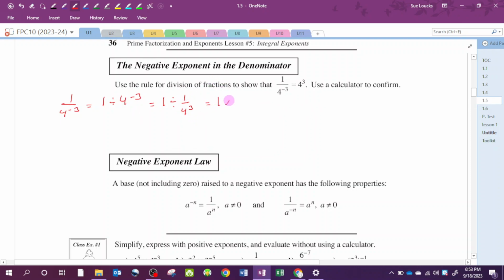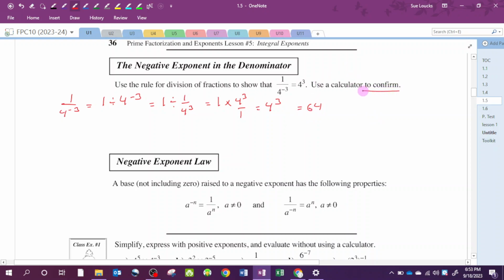So that equals 1 times 4 cubed over 1, which equals 4 cubed. Cool. Okay. And then 4 cubed equals 64.